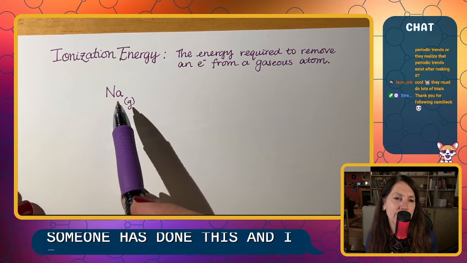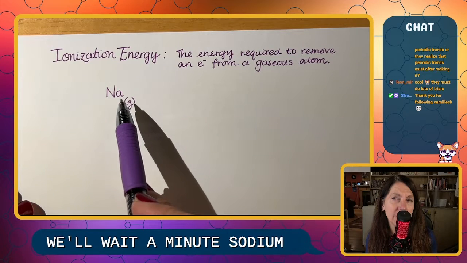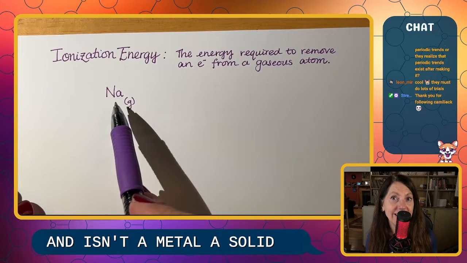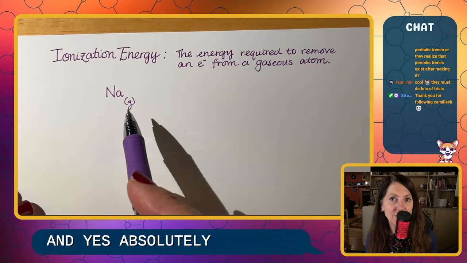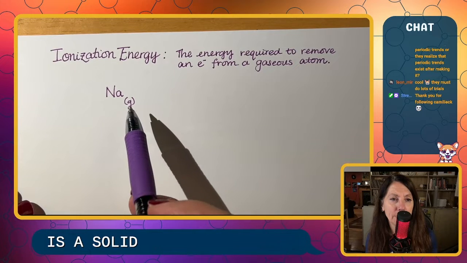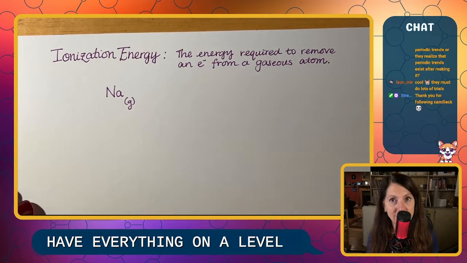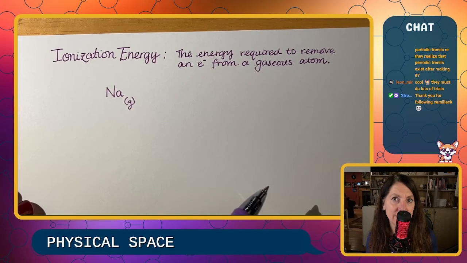And I explain all that because you might be like, well, wait a minute, sodium? Isn't sodium a metal? And isn't a metal a solid? And yes, absolutely. Under standard conditions, it is a solid. But in order to have everything on a level playing field, we need to have them all in the same physical state.